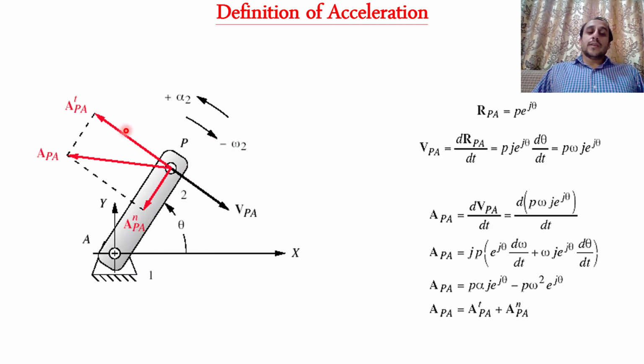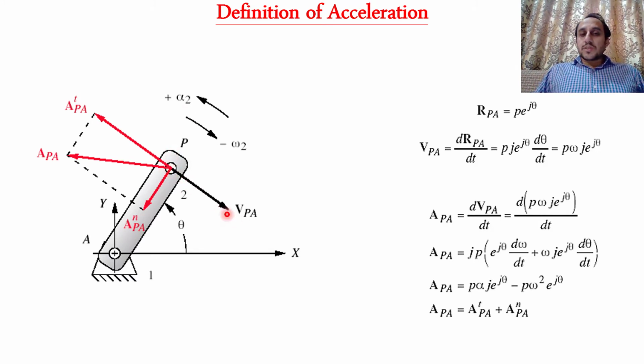That's why we are getting the negative direction of this tangential component. सो अगर क्वेश्चन की बात करें, क्वेश्चन में आपको कैसे पता चलेगा कि रेट ऑफ चेंज ऑफ जो वेलोसिटी है वो पॉजिटिव है या नेगेटिव है? सो ये डिपेंड करेगा बेसिकली alpha 2 की वैल्यू पे और इसकी डायरेक्शन पे. ठीक है जी. So for example if you are getting the alpha 2 value of let's say 5 radian per second square positive, so it means what? It means that you have to take it in the upward direction. ठीक है जी. अपवर्ड डायरेक्शन. और अगर आपके पास ये नेगेटिव है तो it means you have to take it in the lower direction.